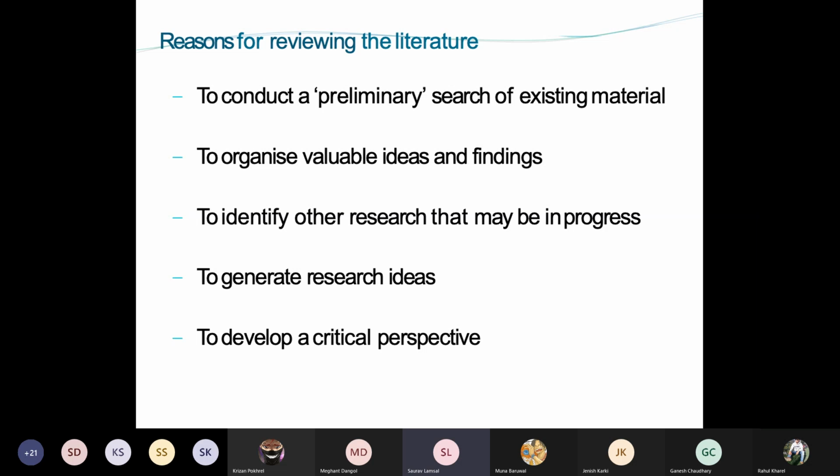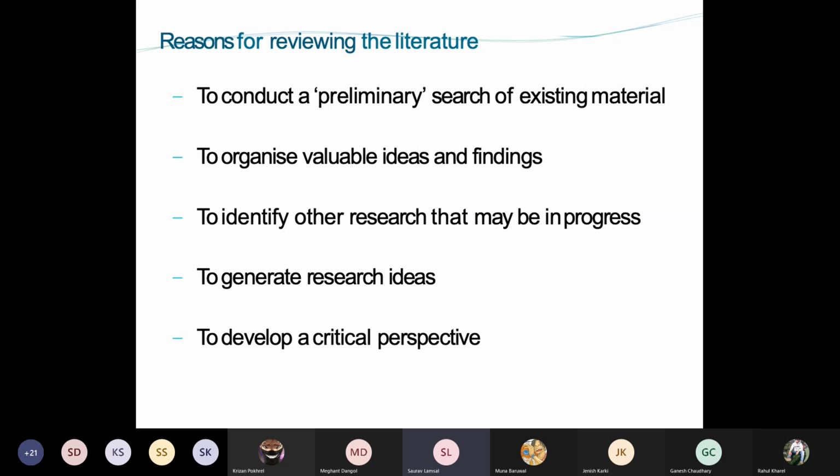Do you have any idea what we discussed on the previous slide at the last part? Reviewing the literature critically, how will it help us? Did you obtain any idea? Can you tell me?